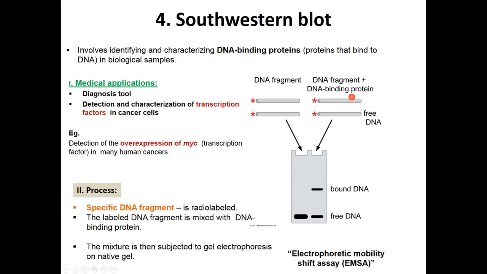All right, the Western blot. Now, in this case, you are looking at a transcription factor, which is a protein, or you are looking at a mutation in a specific gene sequence that the transcription factor binds to. Is that clear?